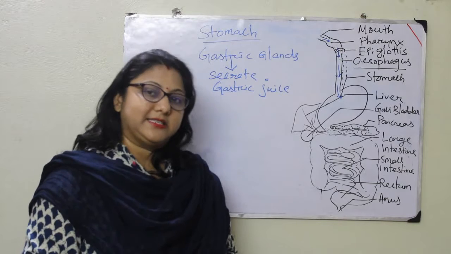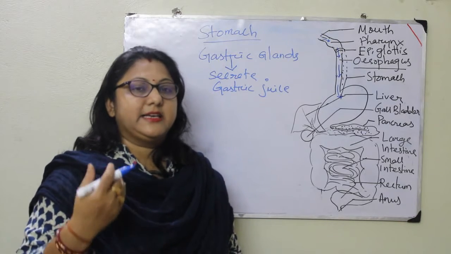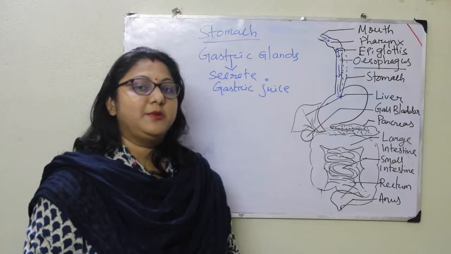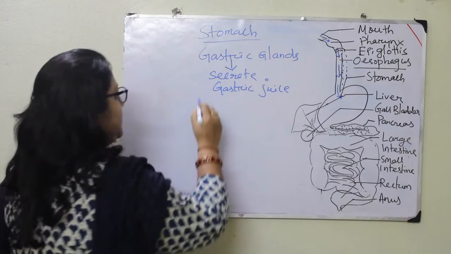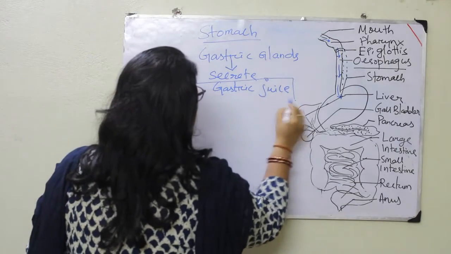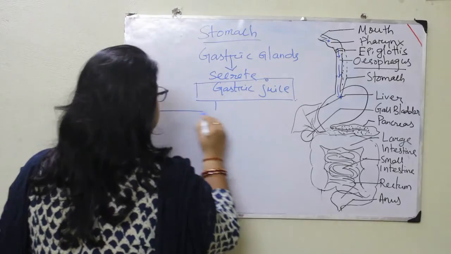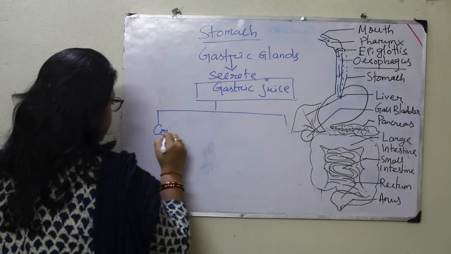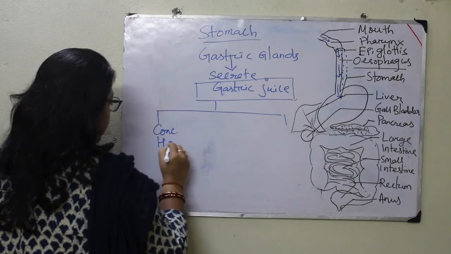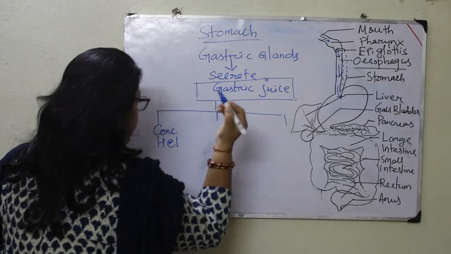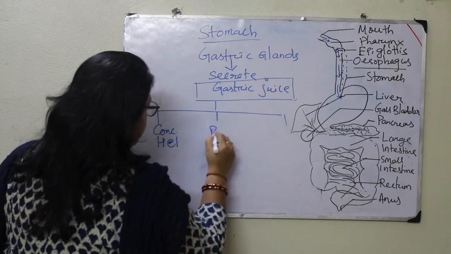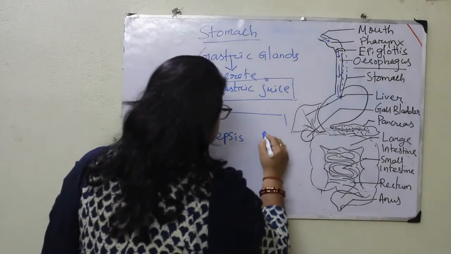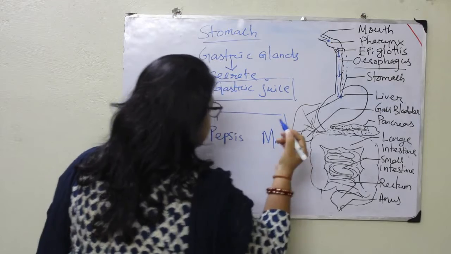Now what does this gastric juice contain? Definitely the gastric juice must be containing some substances which help the process of digestion. So when we talk about this gastric juice, it contains three different things. Okay, so what are these three different things? It is concentrated hydrochloric acid. It also contains pepsin, and it also contains mucus.